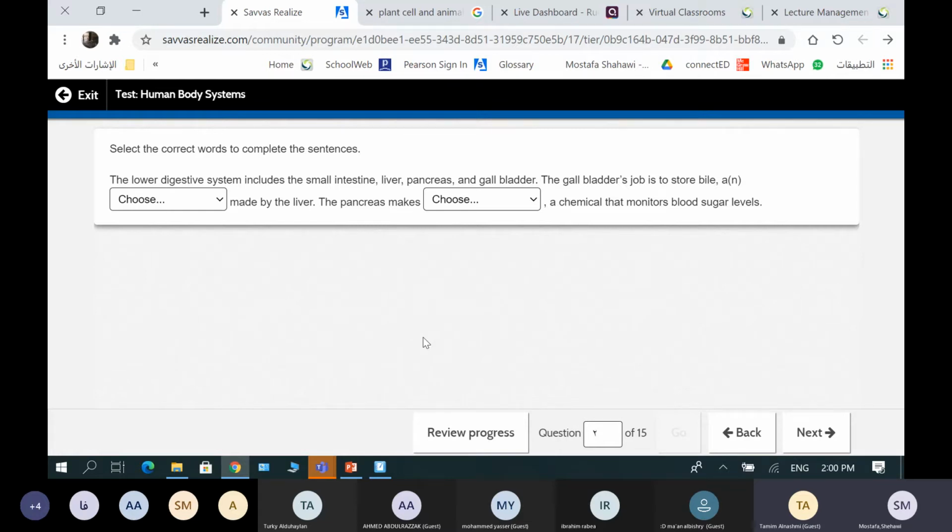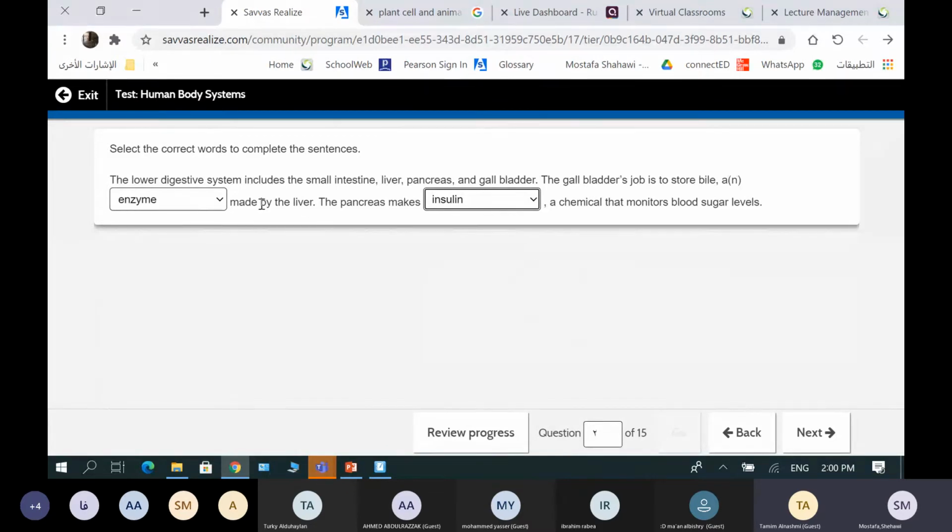The gallbladder's job is to store bile, an enzyme made by the liver. The pancreas makes insulin, a chemical that monitors blood sugar levels. Let me read the sentence again from the beginning: the gallbladder's job is to store bile, an enzyme made by the liver.